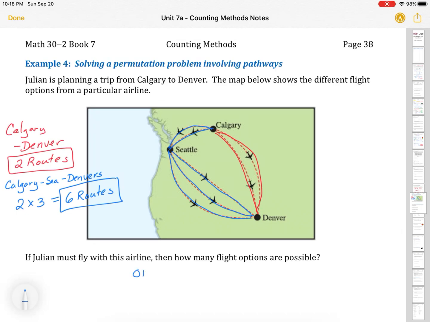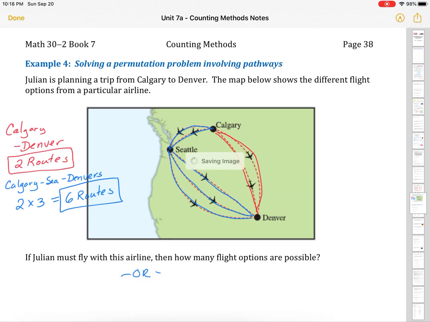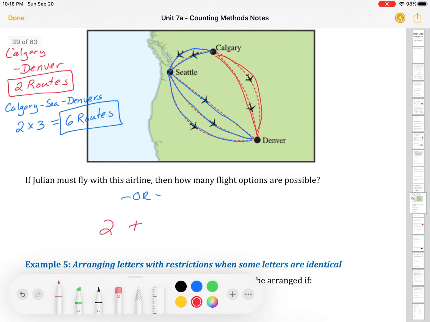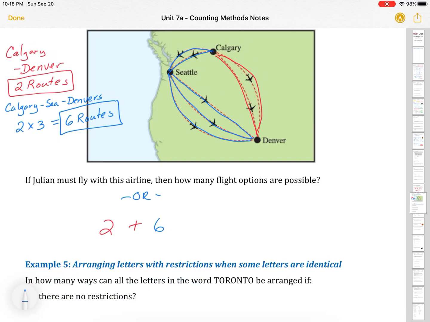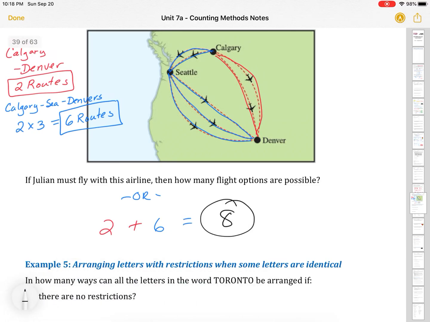Okay, now this situation, it's an either or. He can either fly direct or he can go through Seattle. So this would be an or option. So it would be the 2 plus the 6. So total routes is 8.